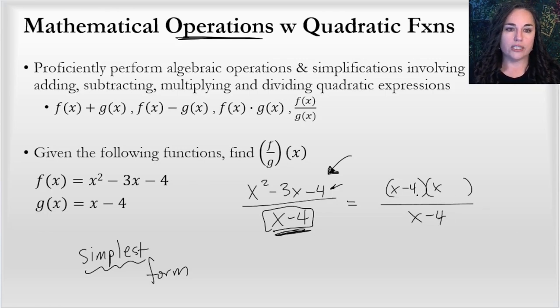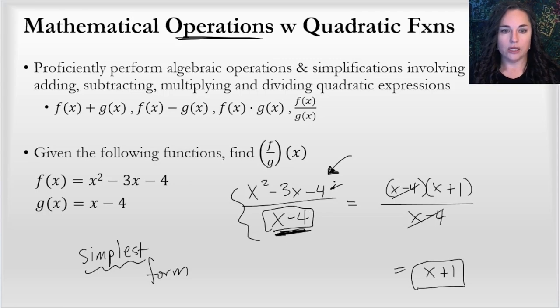You'll end up dividing on top and bottom, and that bottom here is a hint, like you can factor it. To me, I take it as a hint that this will be one of the factors. There's a -3 here, so that means I need a x plus 1 up top, and indeed both of those cancel, and so this is going to be the simplest form of that, and why an answer like this wouldn't be accepted, because it's not simplest form.